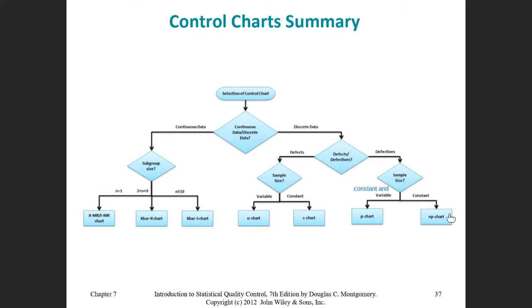But the U chart, I don't say it's 100% no, but it is not really a favorite to use. Always when you have a variable sample size, it would be better to use only the U. If you have a constant, use only the C, okay? That answers the question of whether the U chart can also be used for variable and constant.